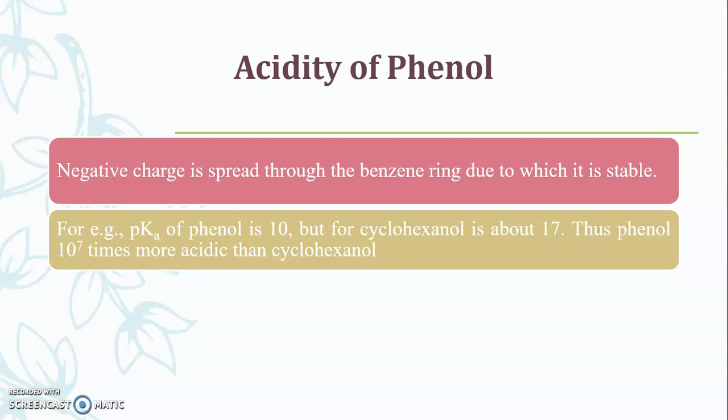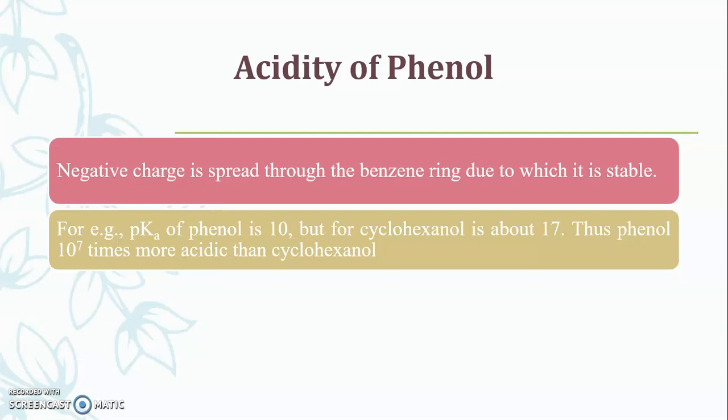pKa means what? It's a dissociation constant for the particular compound. Now here the pKa of this phenol is 10, and for cyclohexanol, which is your aliphatic alcohol, where cyclohexane consists of a hydroxyl group, it is about 17. So cyclohexanol is the alcohol and phenol has the pKa of 10.